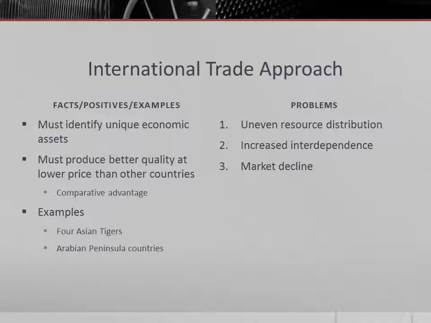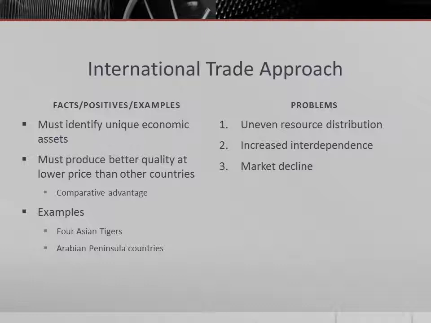It could be raw materials that they have or have access to, a particular climate for growing a particular crop, the infrastructure that they have, or unique site and situational characteristics. It doesn't necessarily matter what that unique economic asset is, but a country has to identify what they do better than just about everyone else. What can we produce at a higher quality for a lower price? And that is what we call a comparative advantage.